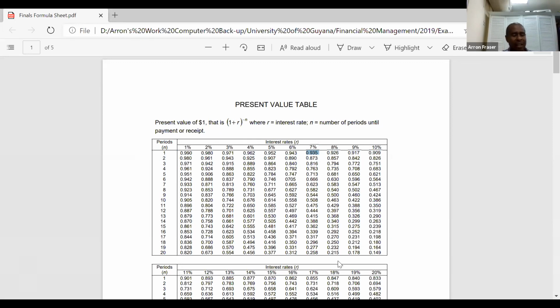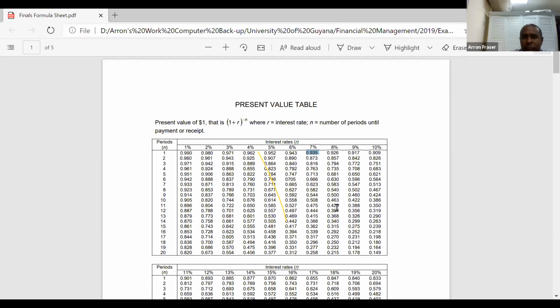If you had the same 800,000 and you multiply it by this factor of 0.935, you'd have gotten 748,000 as the present value.